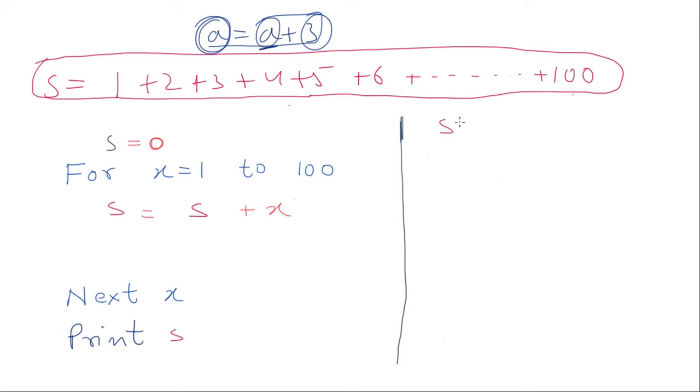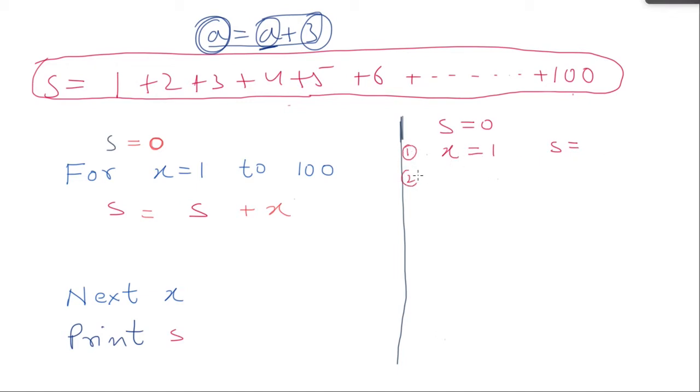So first the computer says, okay, s is 0, big deal. Then what does the computer say? Oh, I have entered a loop, and where x is equal to what? X is equal to 1. In the first line of the loop, x is equal to 1. And then what does this line do? Existing value of s and x, it will add up, right? And assign to the new s, right? This is number 1 line of the loop.